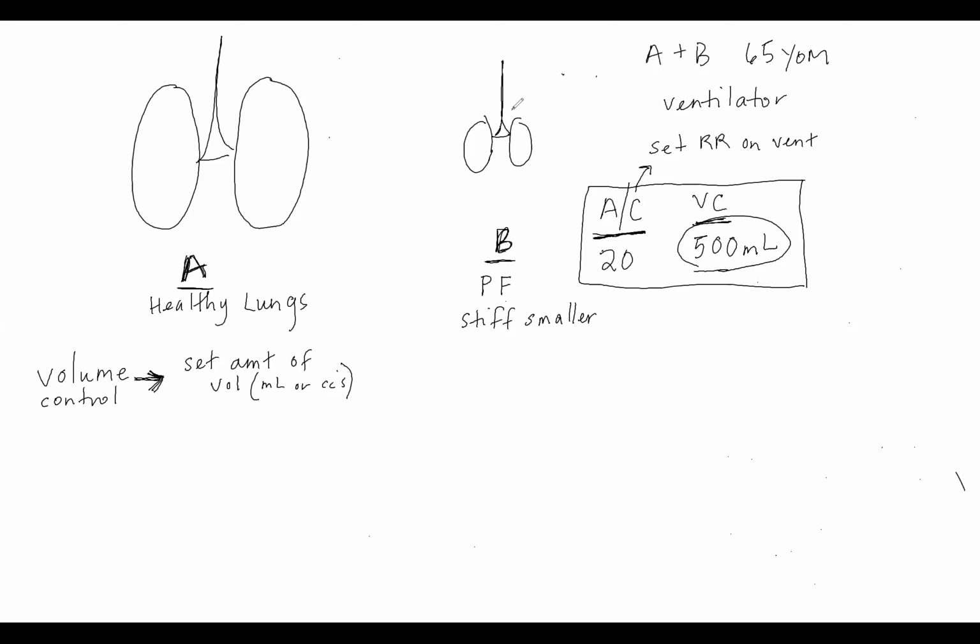So both of these individuals are going to get 500 cc's of volume, okay? And that's not into one lung, that should be into both lungs. So we'll say 500 cc's of volume right there, 500 cc's of volume for patient B as well.